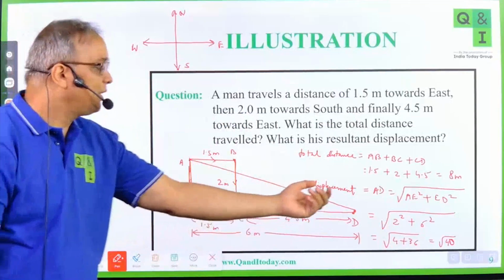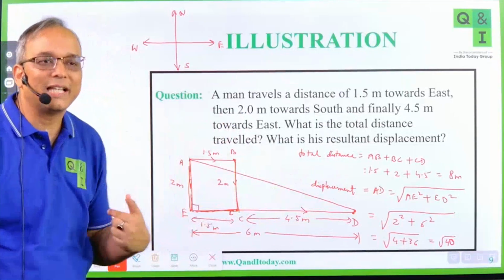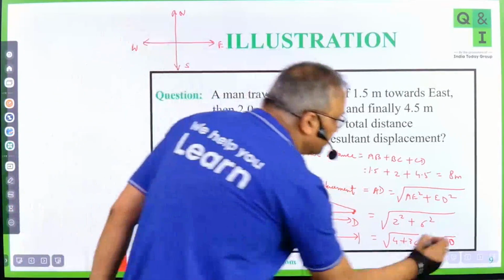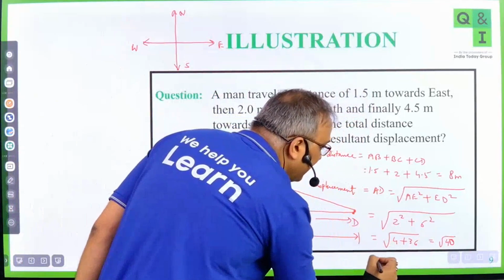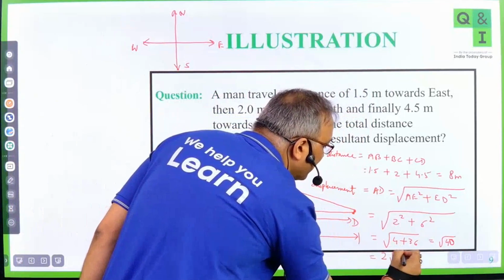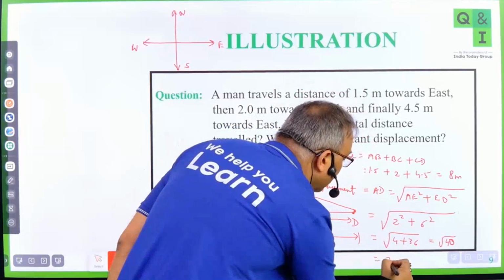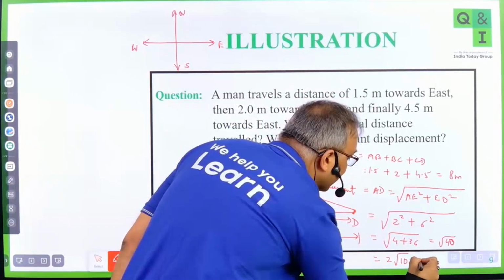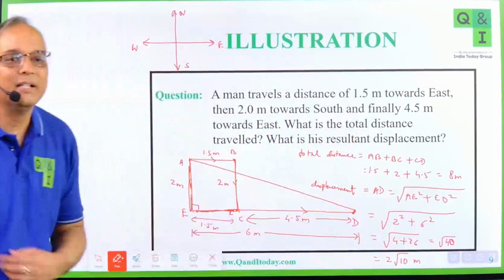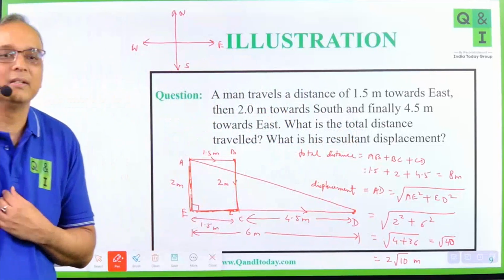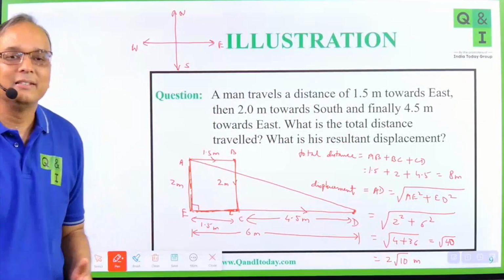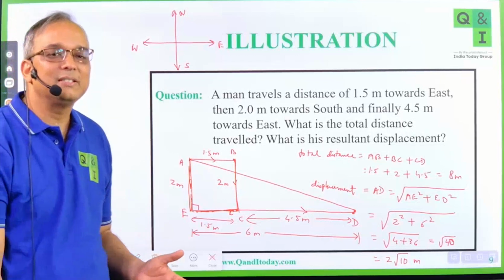So when you take the pair of 2 outside the square root sign, this will be equal to 2 root 10, right? This is equal to 2 root 10 meter. So 2 root 10 meter is the net displacement. Is it clear? Is it clear, students?